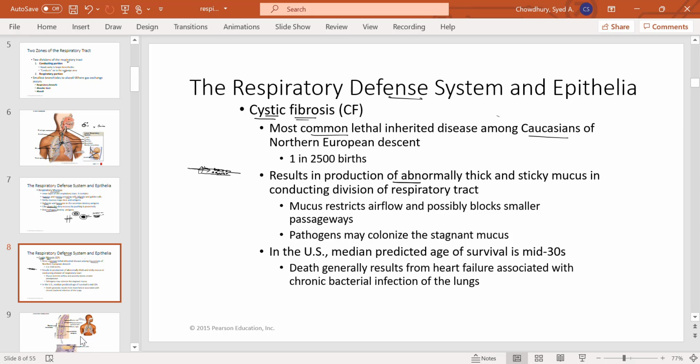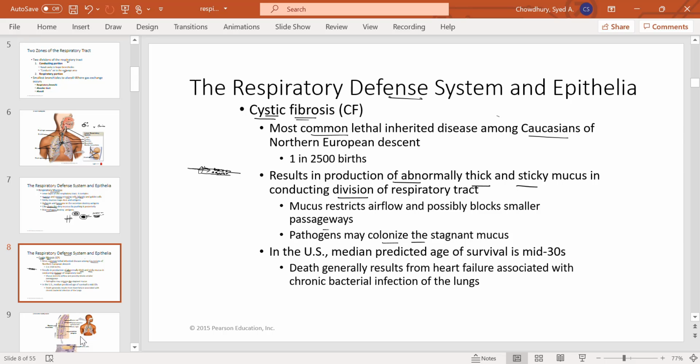So there is production of abnormally thick sticky mucus in the conductive zone of the respiratory tract, and the mucus restricts air flow and possibly blocks smaller passageways. Also, in that mucus the pathogens, that means bacteria, viruses, or other microorganisms, can colonize, stay and multiply there, and that would cause another problem, infection, right?